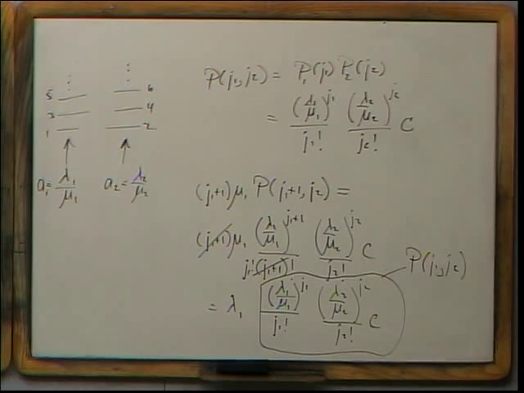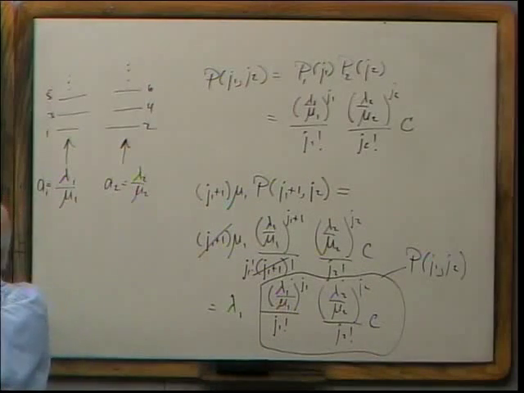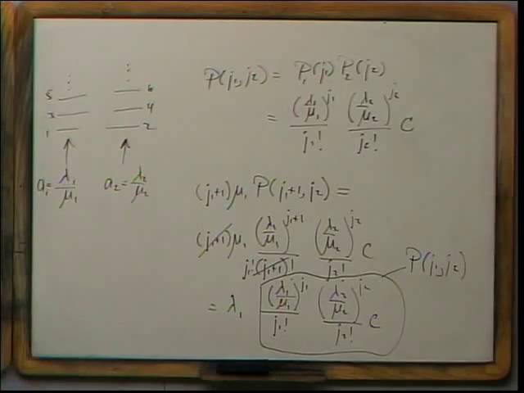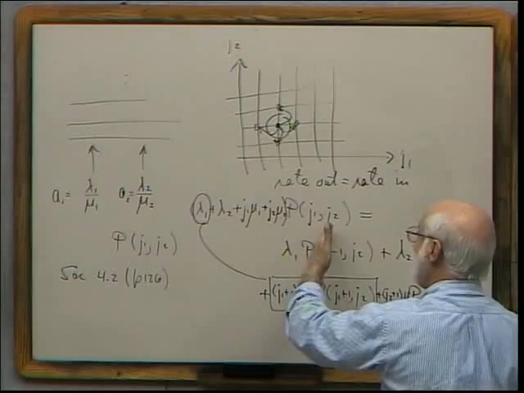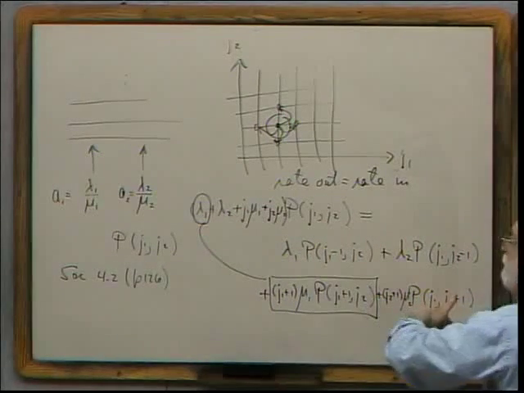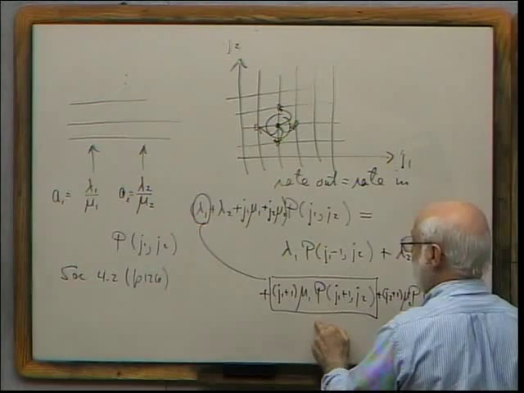Now, we already know that since this is the solution, if I plug the solution into the original equations, the left side has to equal the right side. That's what solution means. But I've shown more than that, because the equation only requires that the sum of the terms on the left equal the sum of the terms on the right. But I just showed that a particular term on the left equals a particular term on the right.